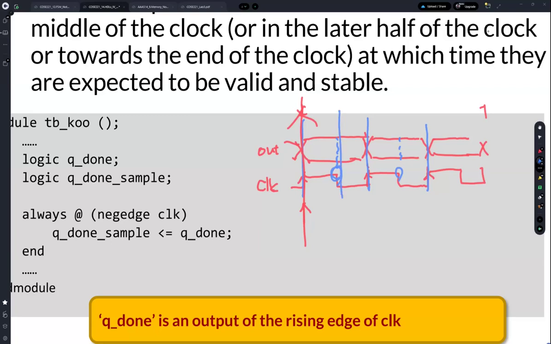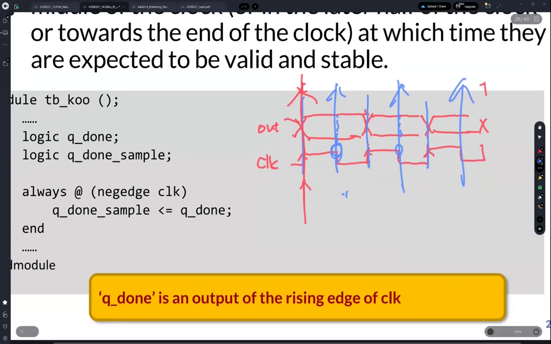So at this time, we can observe that the output signals are stabilized, so we can know the exact value of the output signals. Okay, so this is the example.